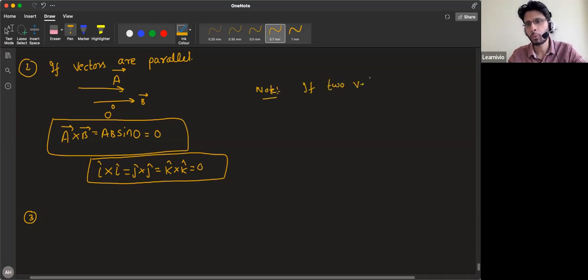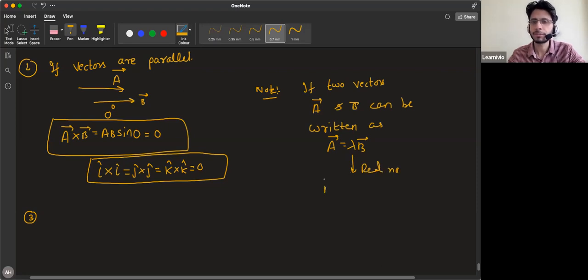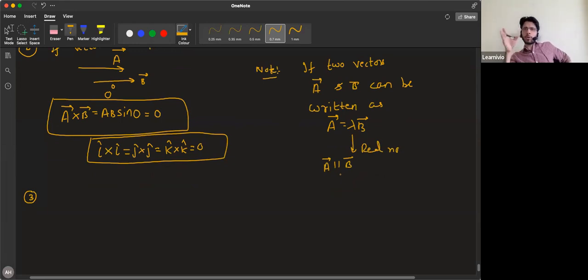If two vectors, vector A and vector B, can be written as A is equal to lambda B, where lambda is some real number, that means A and B are parallel. This is the shortcut method to check whether the given vectors are parallel or not. It simply means if two vectors are multiples of each other, then they are parallel.